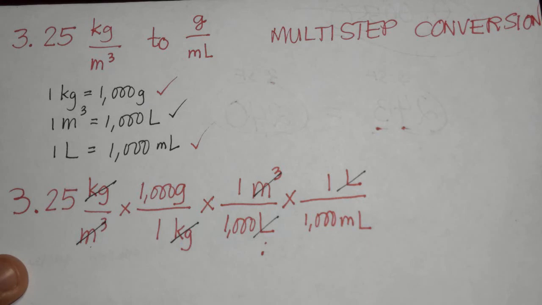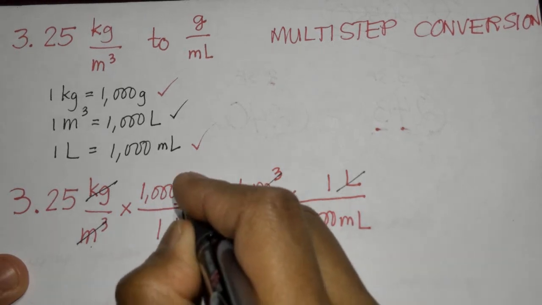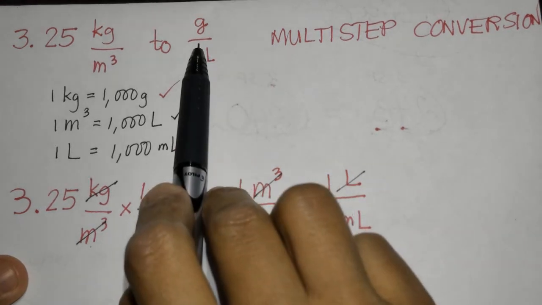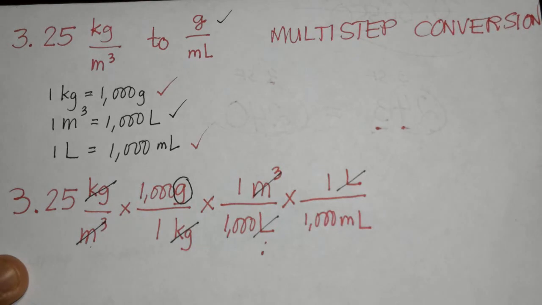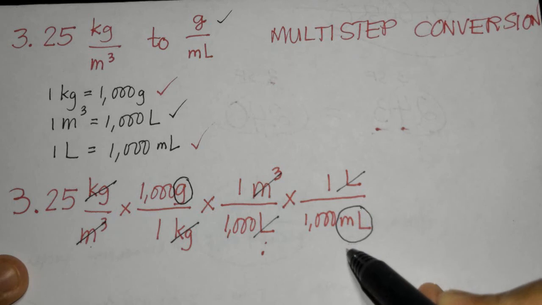And now before you go to your calculator, always examine first what are the units left. Is the unit left the one that I'm looking for? Let's check. Gram here in the numerator is the one that's left. So gram is on top, and in the desired unit, gram is also on top. So that's check. Then the other one that's left is ml. And ml is at the bottom.